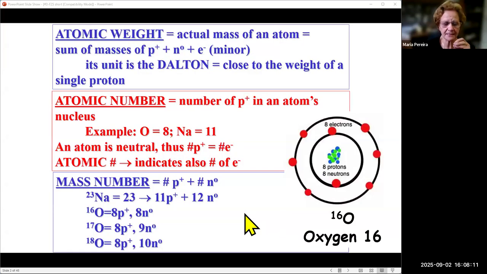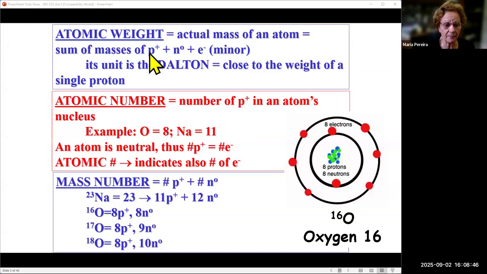Okay, now let's see how can you define atoms in terms of number of protons and so on. So the first parameter that defines an atom is the atomic weight. So it's logic that the weight of an atom equals the sum of the mass of protons, the mass of neutrons, and the mass of electrons. Now, the mass of electrons is minor because electrons are very small.